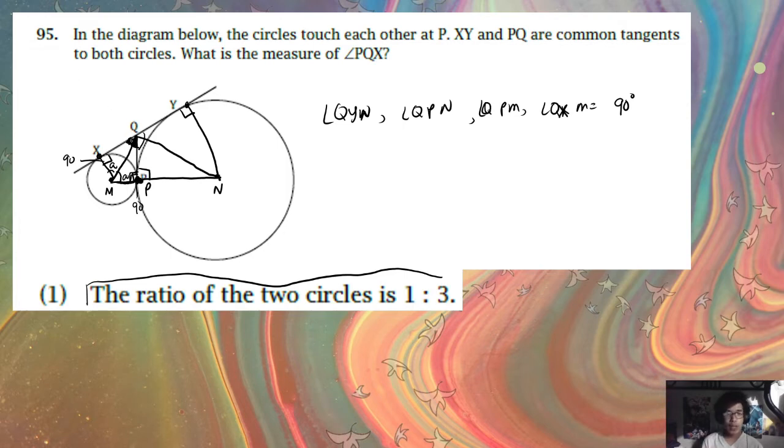And if we have two A's here, the measurement of angle XQM, since we already have a 90 here, is going to be 90 minus A.